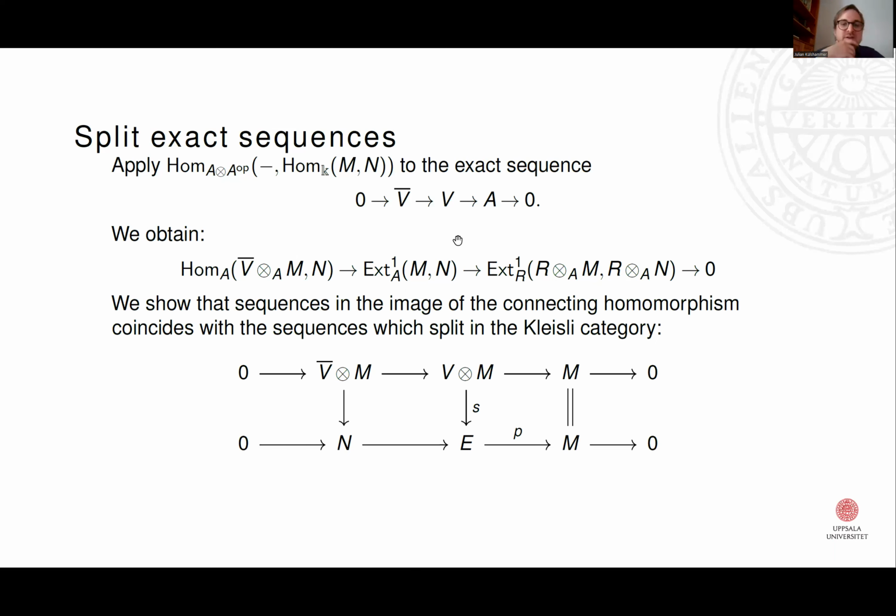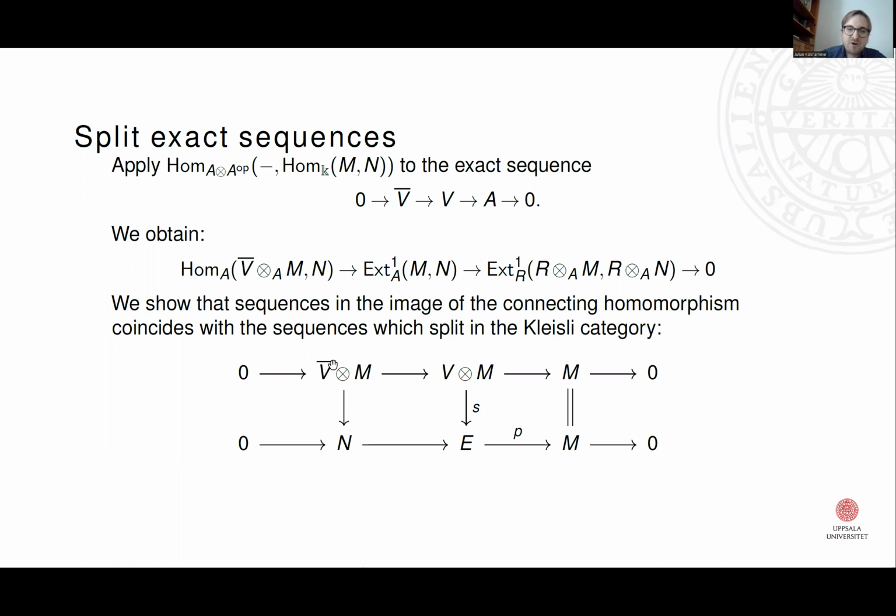Okay. So now what we want to show is that the image of the connecting morphism from this Hom space to this Ext^1 space coincides with the sequences which are split in the Kleisli category, so sequences of A-modules.